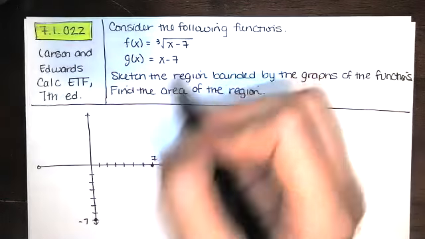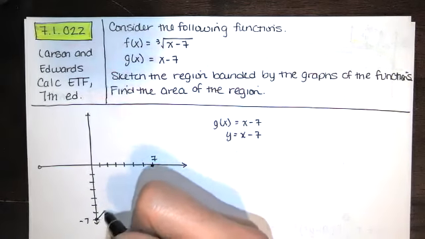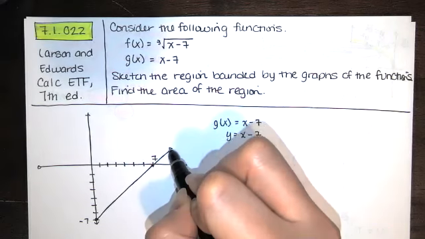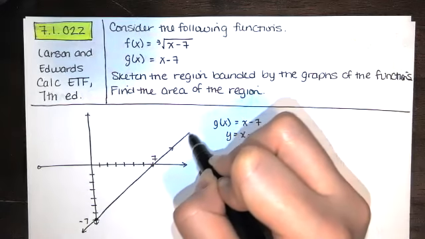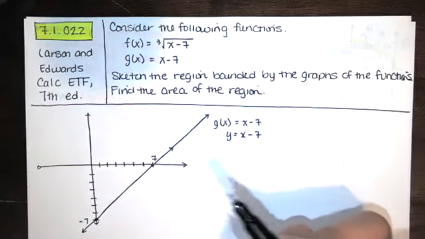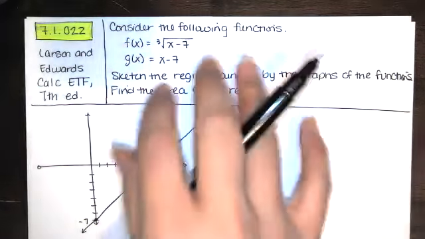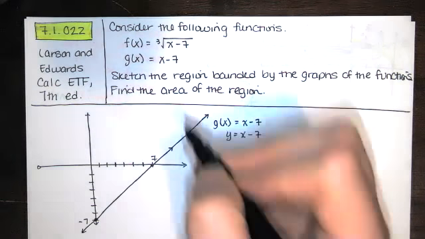So g of x, it's just a line, and it looks like that. I'd say our bottom curve. It's our second function, and it looks like that.